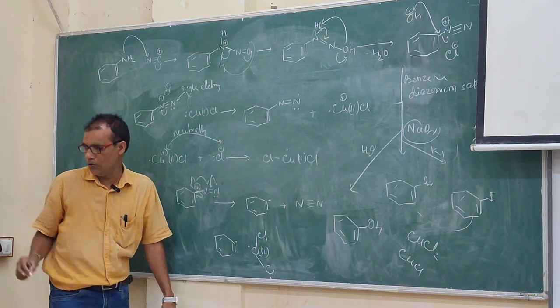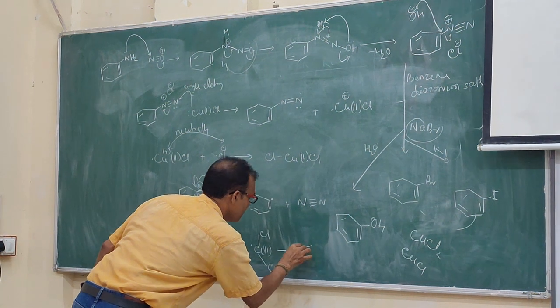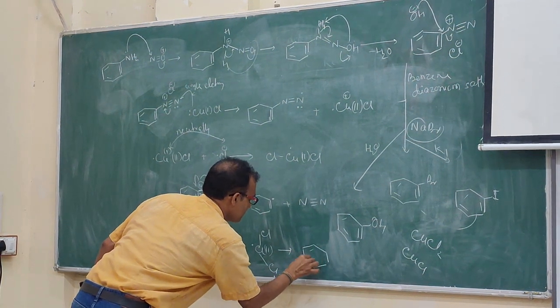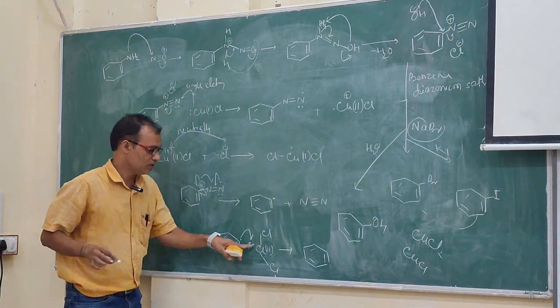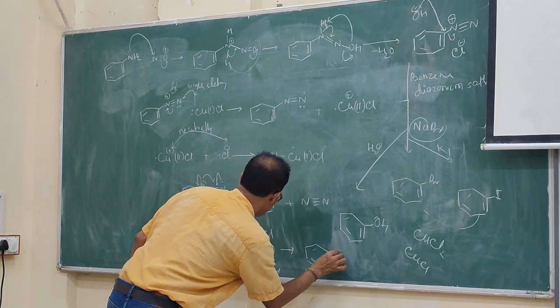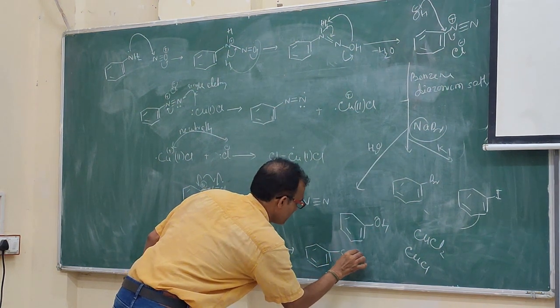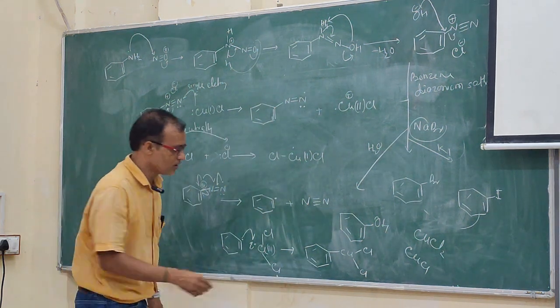Then what will happen? You will get this product, because this electron and this electron will make a bond. So you will have this copper Cl. Now the copper oxidation state is 3.